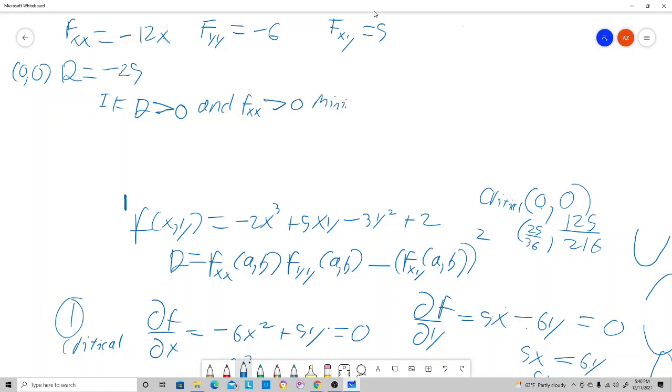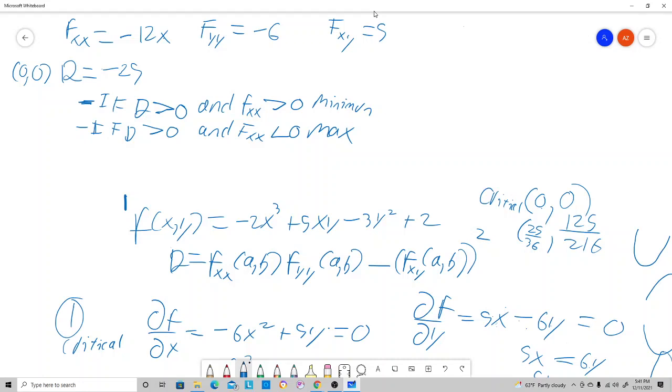That's the first. If the determinant is greater than 0 and fxx is less than 0, we have a maximum.